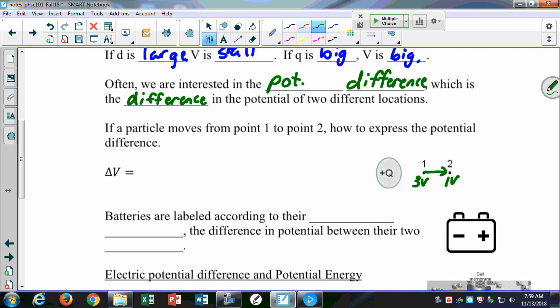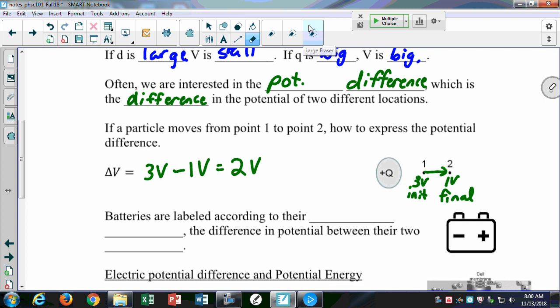Right, so delta V is equal to 3 volts minus 1 volt, and that's equal to 2 volts. You can, this would be my initial, this would be my final. I'm sorry, no, that would be my final minus my initial. Thank you, Kate. It's the opposite.